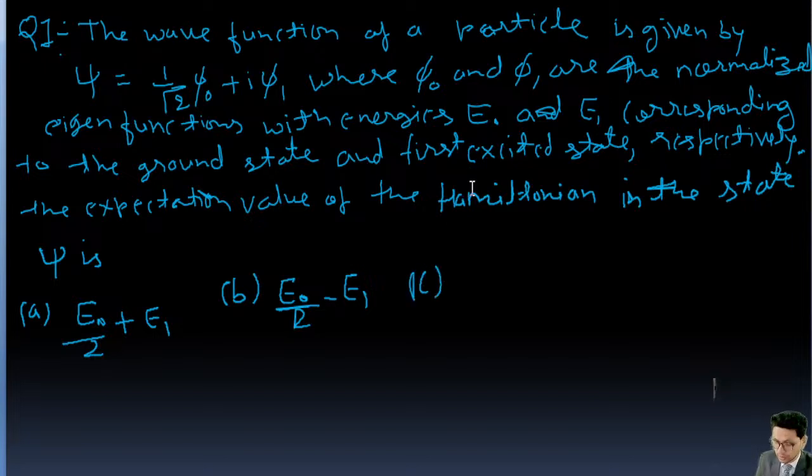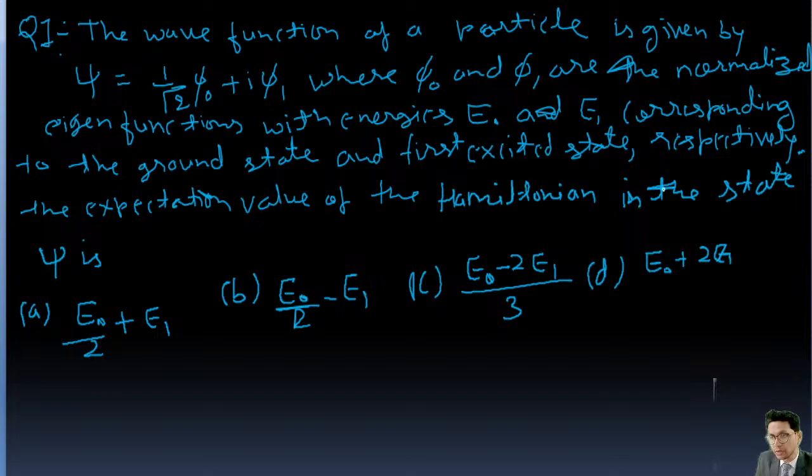Option C is E naught minus 2 E1 upon 3, and option D is E naught plus 2 E1 by 3. Okay, so this is the question.